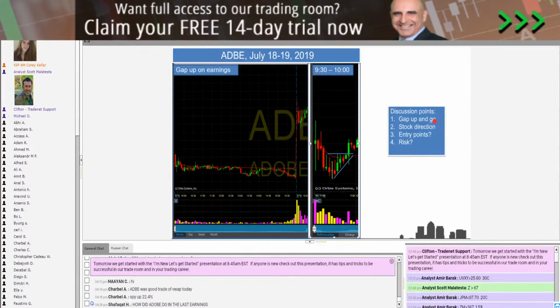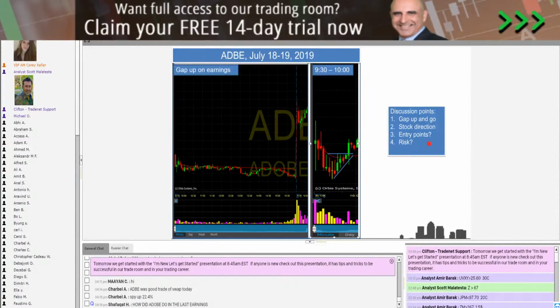So if we're looking at discussion points at this time of day, meaning between 9:30 and 10, we have a gap up and go situation. Is this a gap up and go situation? We have to understand the stock direction, and finally the entry points and the risk on the trade.